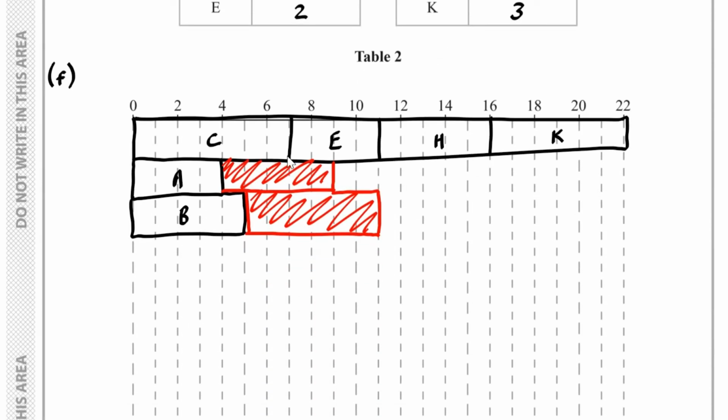So D starts, it's got a duration of 6, so that takes us up to 10. So this is where D is, and then we've got a float of 5, so that takes us up to 15, which is over here.